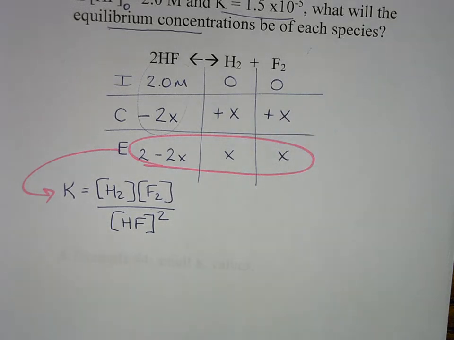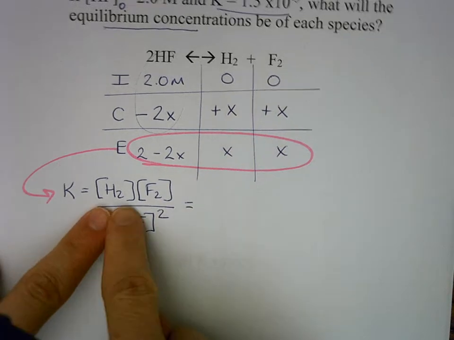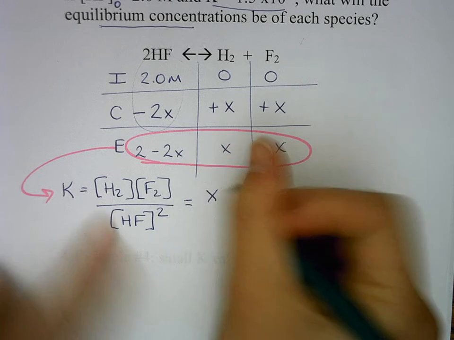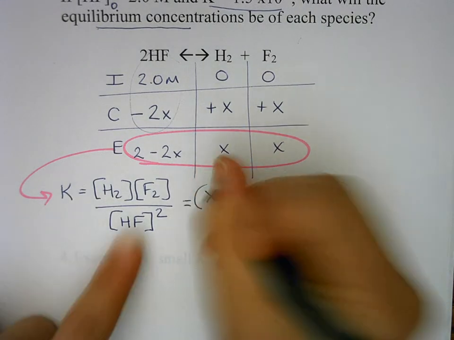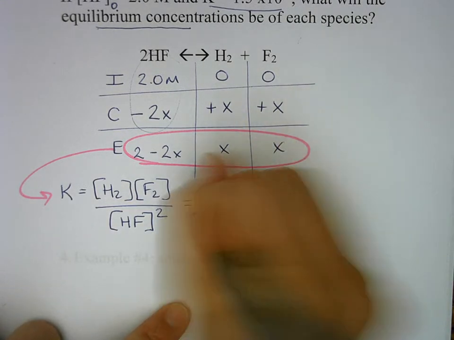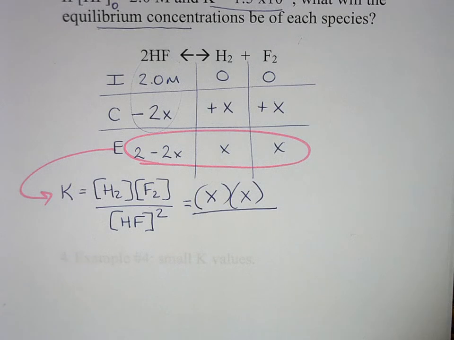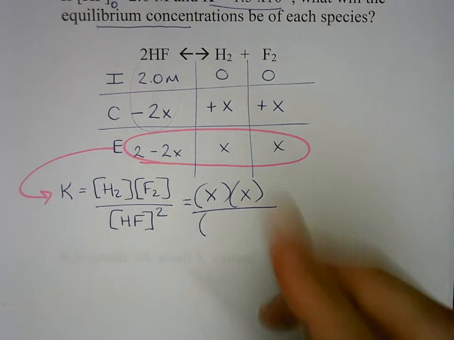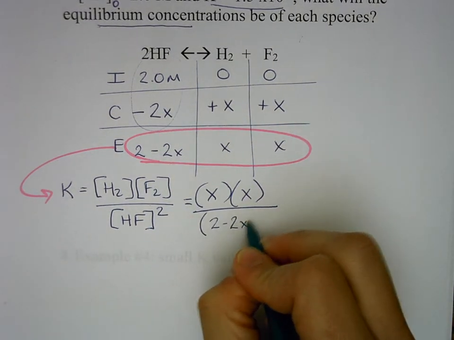You plug in x's and everything. My concentration of H2 is x. My concentration of F2 is x. You end up with lots of x's everywhere. Down here, HF is 2 minus 2x, and that's squared.